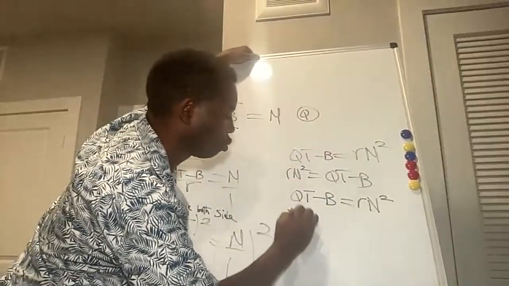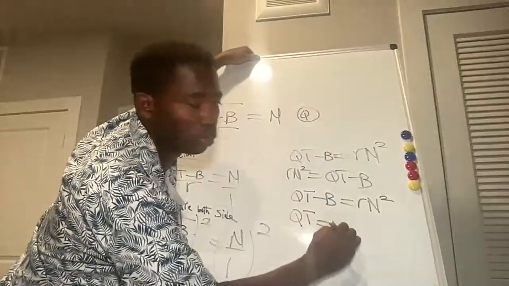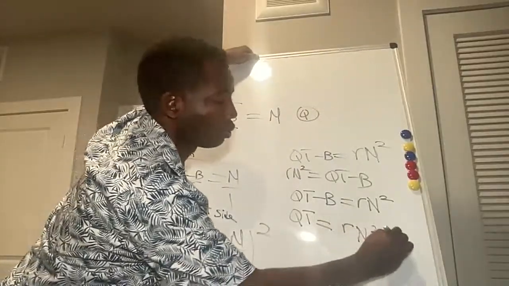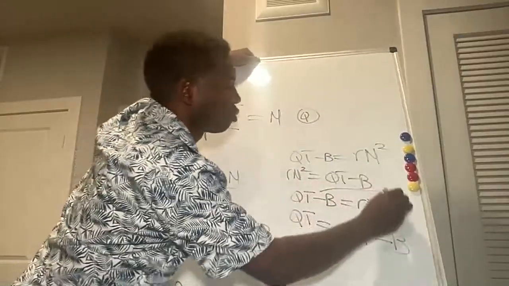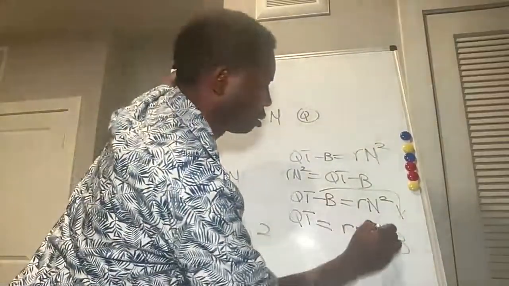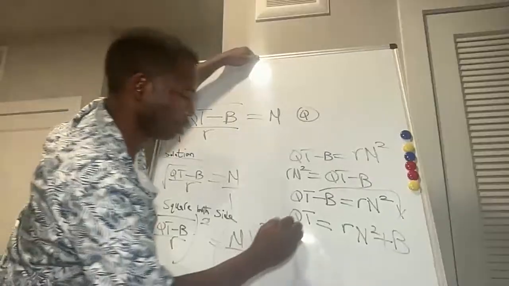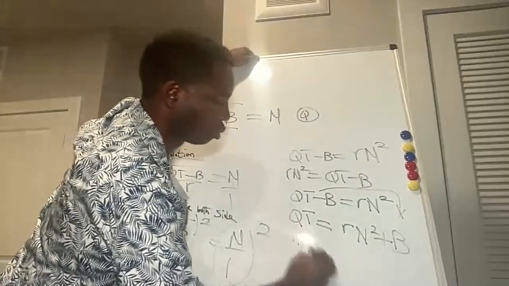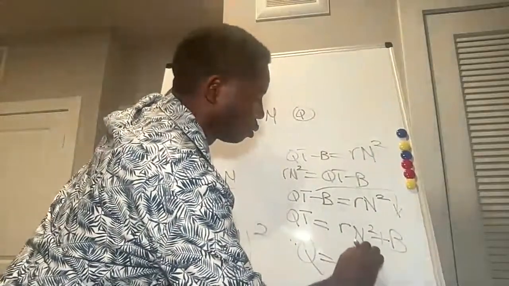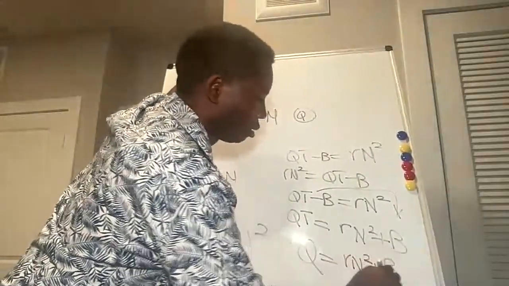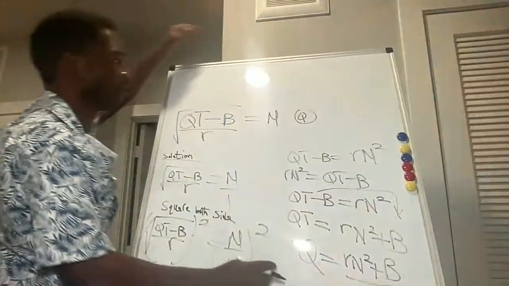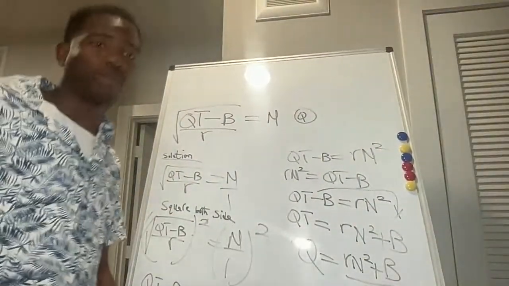So q t is equals to r n square plus b, because this will move to the right end of the equation, become what? The sign changes. The sign changes to what? To plus. Therefore, q is equals to what? Rn square plus b all over what? T.